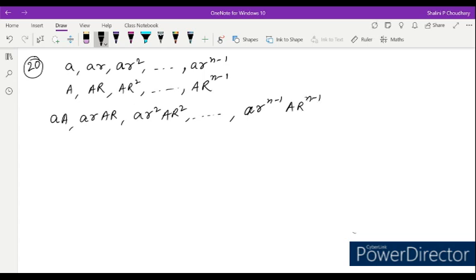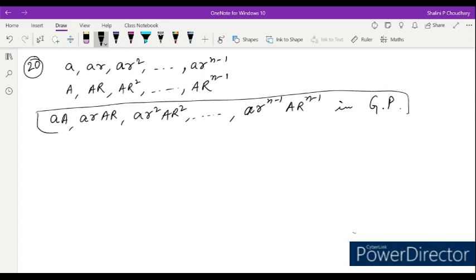These are the products of corresponding terms of the sequences, and we have to prove that these are in GP. And also we have to find out the common ratio.